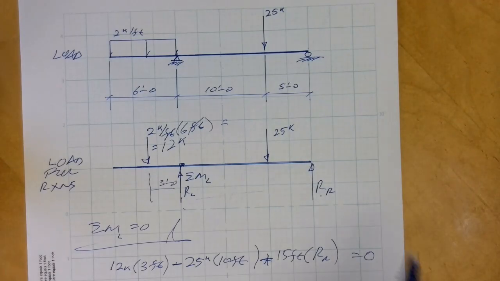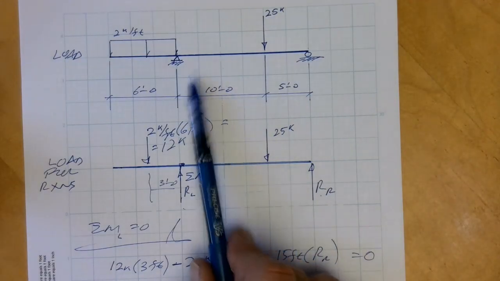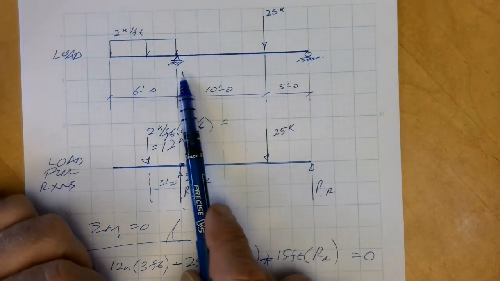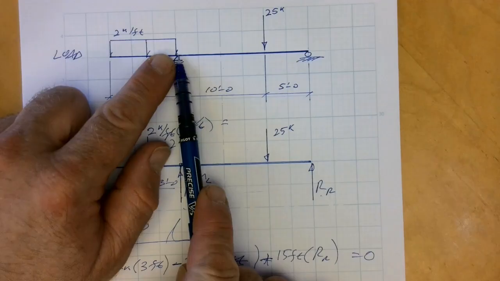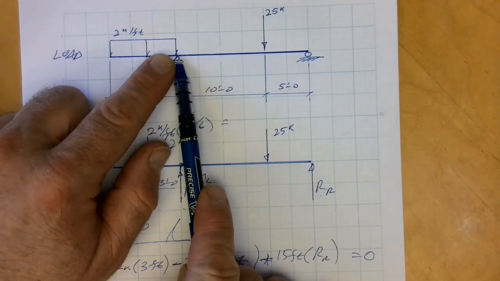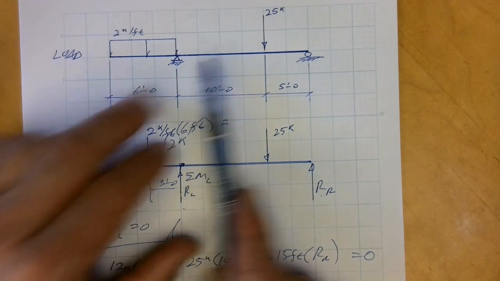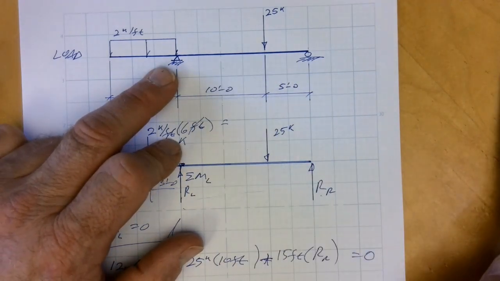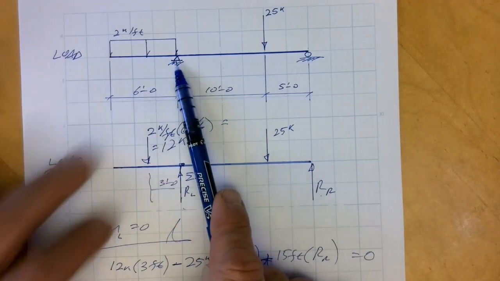Okay, so make sure, I'm noticing a number of you, as we're working out problems together, are getting confused about what the moment arm is. So if I'm summing moments about this point, my moment arm dimension is from this point to whatever I'm doing. So if I go to here, it's 10 feet, to here it's 15. If I went over to here, it would be whatever length that is, but it's all relative to here.